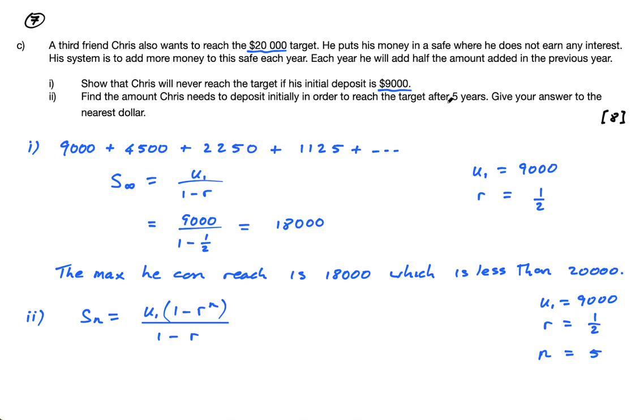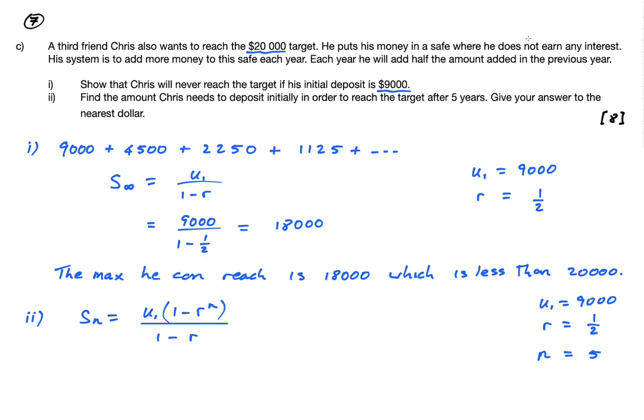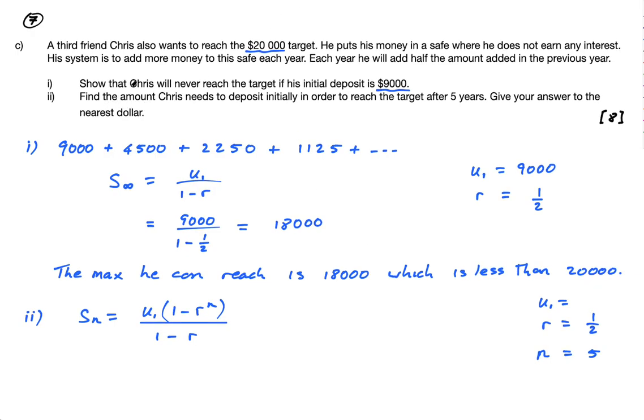Sorry, no, I've made a mistake here. Our U1 is not 9,000, because the question is, find the amount Chris needs to deposit initially. So this is actually what we're trying to find. We're trying to find U1. And he's going to reach his target.